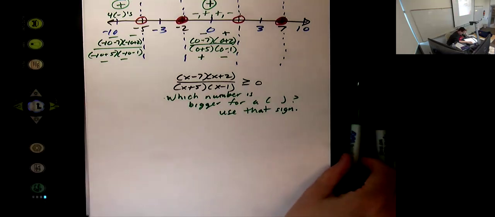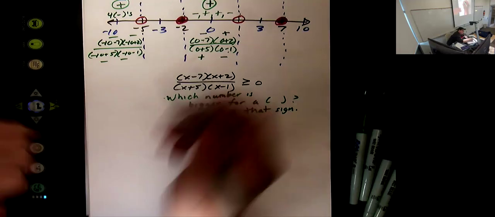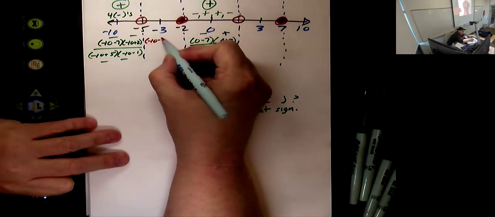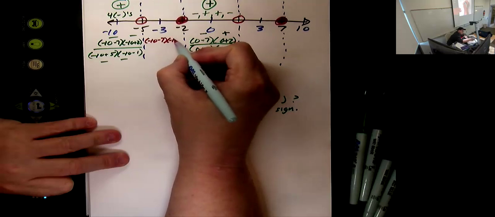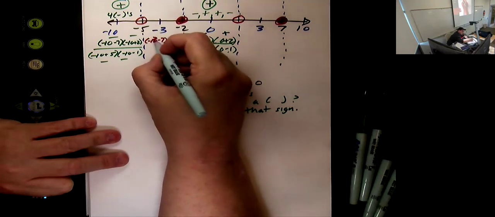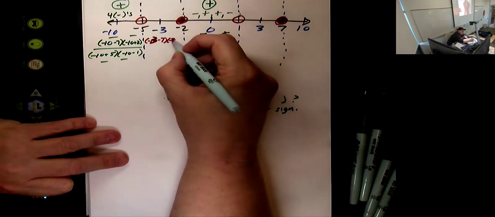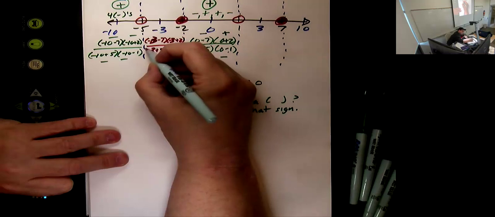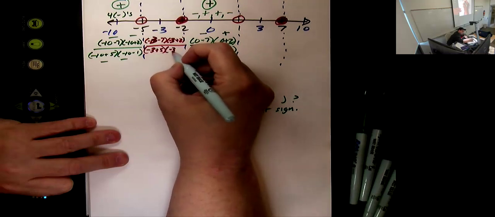Does that make sense? And you go through each number to solve each section. If it helps you, write down the numbers each time. I'm not doing negative 10, I'm doing negative 3 here. Negative 3 minus 7, negative 3 plus 2, negative 3 plus 5, negative 3 minus 1.